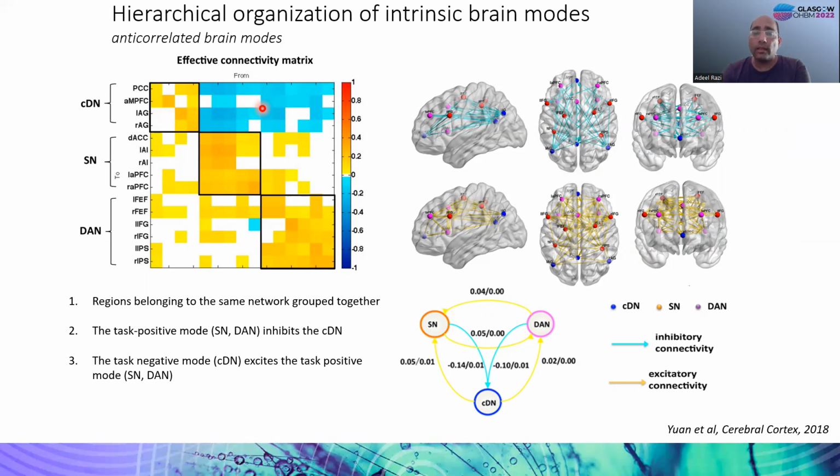On the other hand, the default mode network had an excitatory impact on the task-positive networks. And when we collapse this from regional effective connectivity into network-level connectivity, we showed that the salience network sits at the apex of this network and controls what's happening between the default mode network and the dorsal attention network.